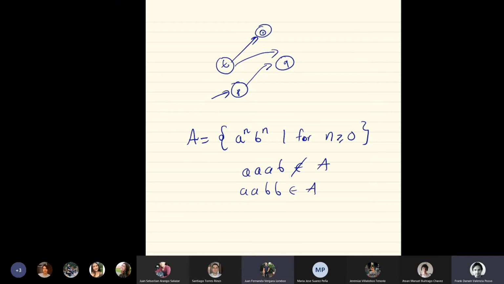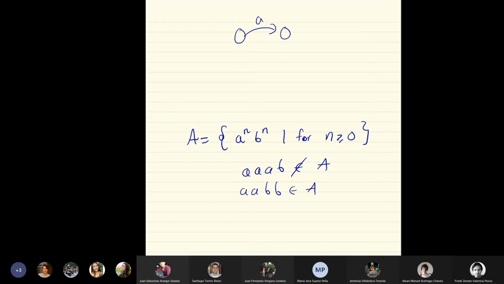Yes. And now this is something that could be confusing, but I understand Johan's question. Johan says, of course, I might build an automaton that recognizes aabb. So two a's followed by two b's, right? That automaton will accept this one.